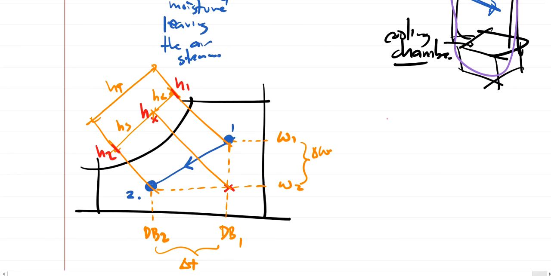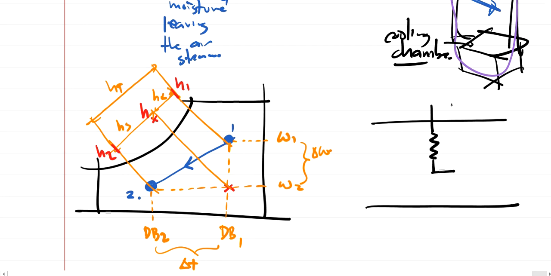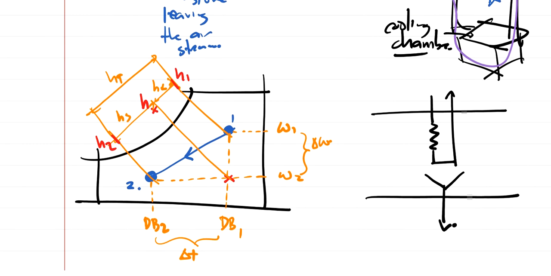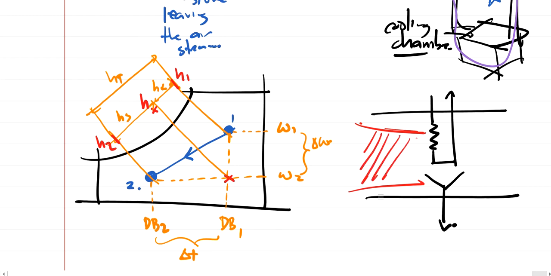Okay, another one is if we draw the schematic diagram for the equipment. Let's say we have a coil or a refrigerant, and here's our airstream, hot air. It passes through this coil or equipment, and then exits at a lower temperature and lower humidity ratio.